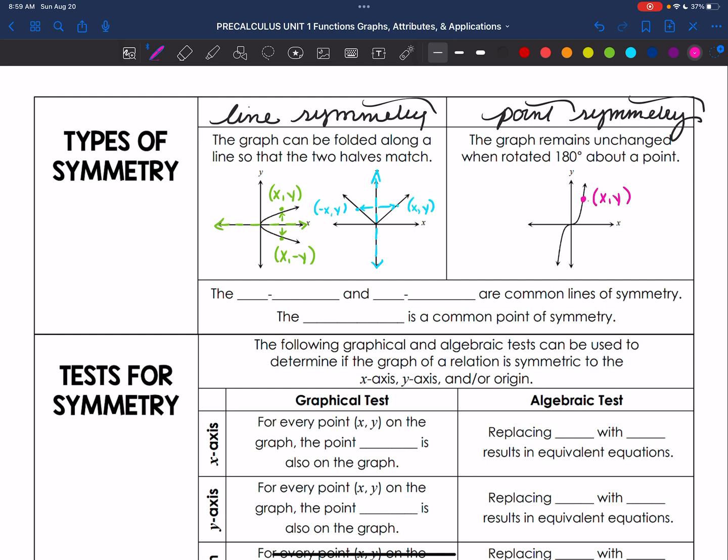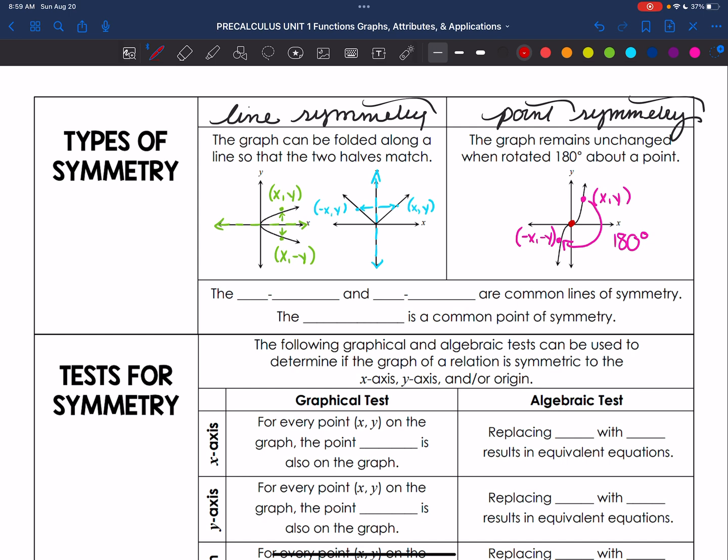Well, what happens is when we rotate 180 degrees, we'll get to the point where it is negative x and negative y. It would be the absolute opposite when you rotate around. Typically, what we're saying is rotating around this point right here in the middle, which is that origin.